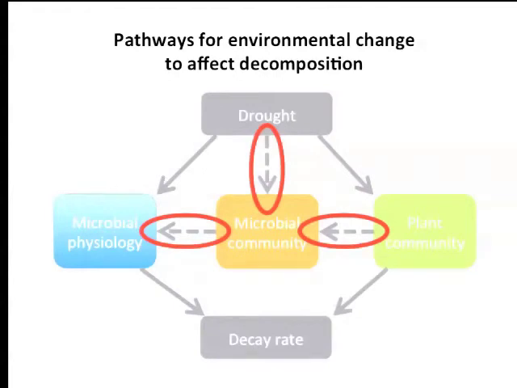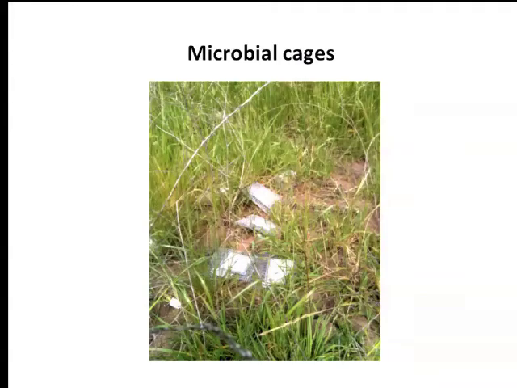So to get at these different indirect effects, we really needed to do a manipulation where we can manipulate the plant community in terms of the leaf litter available, the drought environment, and also the microbial community. To do this, we used what we are calling our microbial cages.